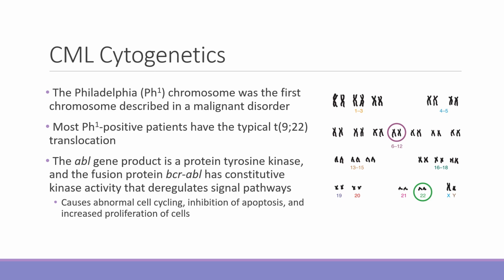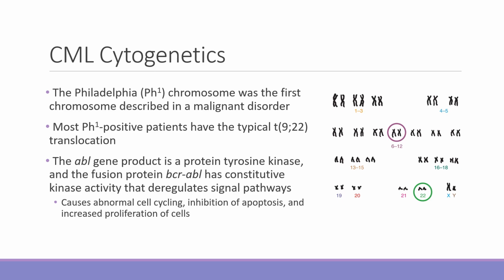Okay, so when looking to diagnose CML through cytogenetics, the very first thing that we may look for is something called the Philadelphia chromosome. And this is really the first chromosome described in a malignant disorder. Most Philadelphia chromosome positive patients have the typical translocation at 9 and 22, and you can see it over here on our karyotype picture.